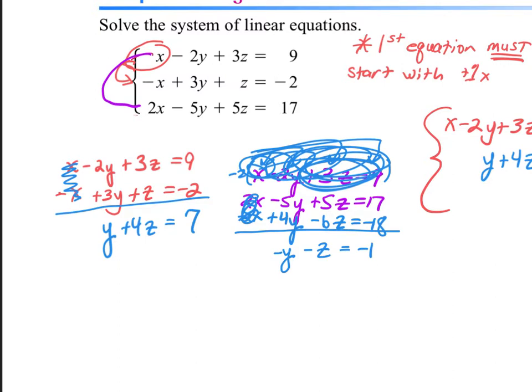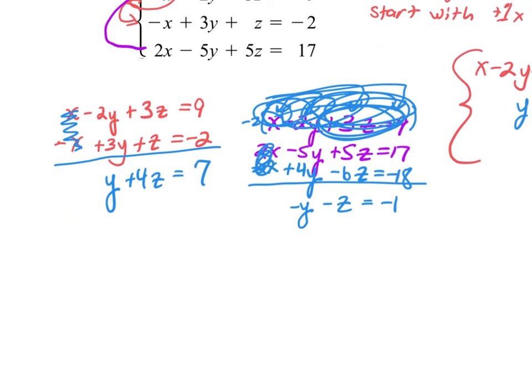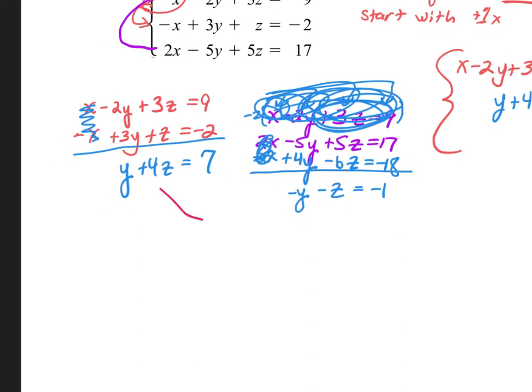All right, what did we say we want our last equation to say? Just z. So what do you think we do with the 2 blues that are left over? What do you think I do? You combine those. So y plus 4z equals 7, and -y minus z equals -1.